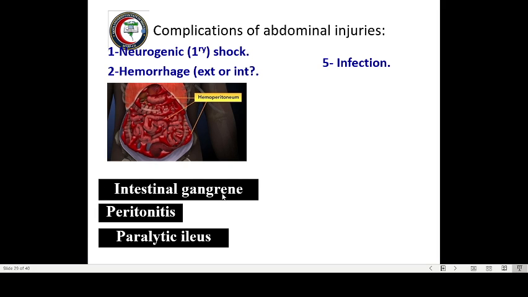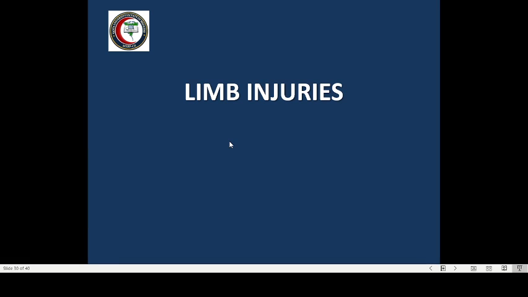These are intestinal gangrene, peritonitis, and paralytic ileus. Peritonitis means inflammation of the peritoneum, and it is a very serious complication. Paralytic ileus means absence of the peristaltic movement of the intestine, and this results in accumulation of the intestinal contents.